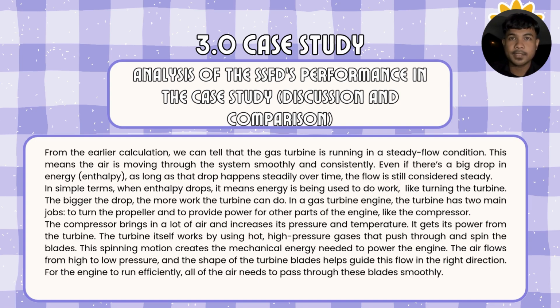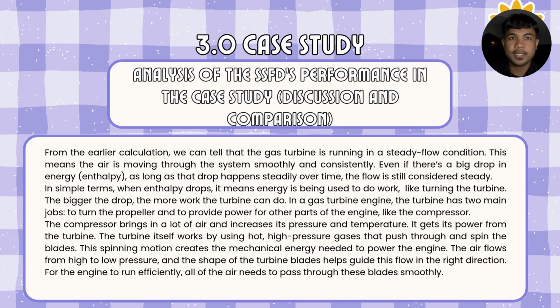In a gas turbine engine, the turbine has two main roles: to drive the propeller and to supply power to other components like the compressor. The compressor draws in large amounts of air and increases its pressure and temperature. Using energy from the turbine, it operates by expanding hot, high-pressure gases that spin the blades and generate mechanical energy.